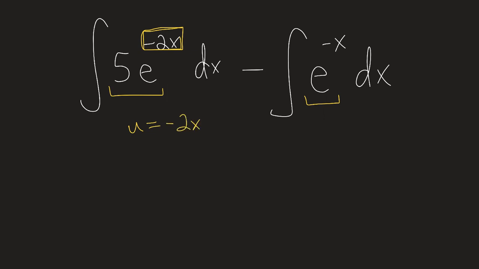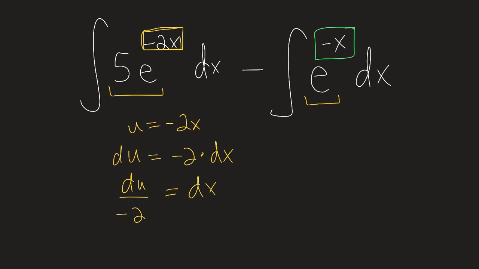Negative 2x. Then du is equal to negative 2 times dx, and dx is du over negative 2. And over here in this one, let's let u be negative 1x. So u is negative x, which makes du negative dx. So dx is the negative of du.